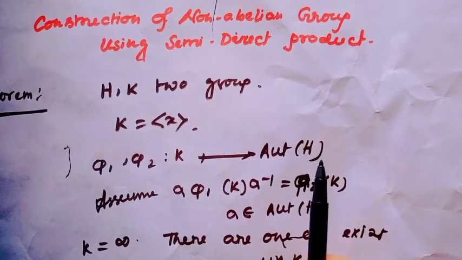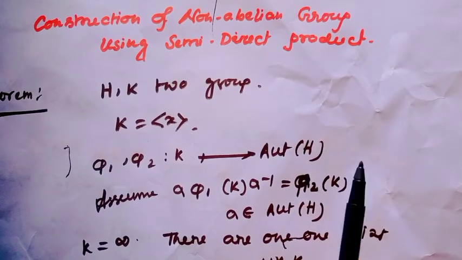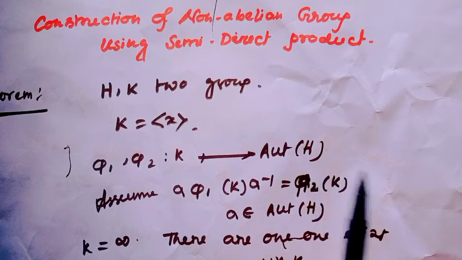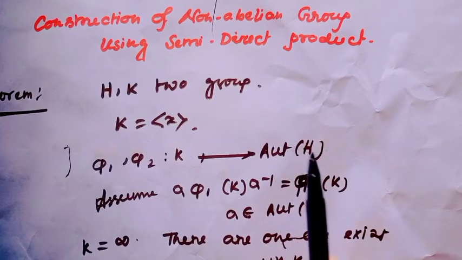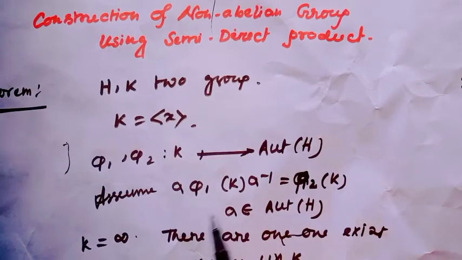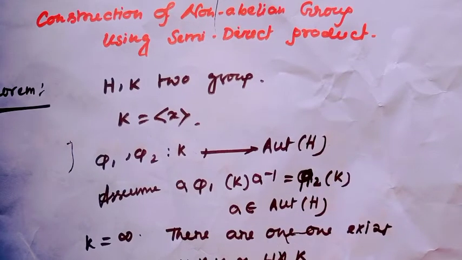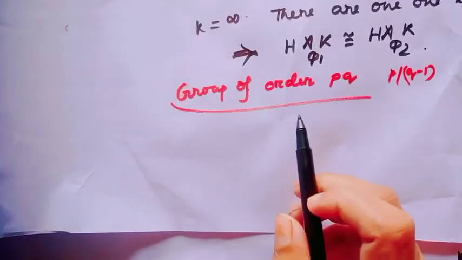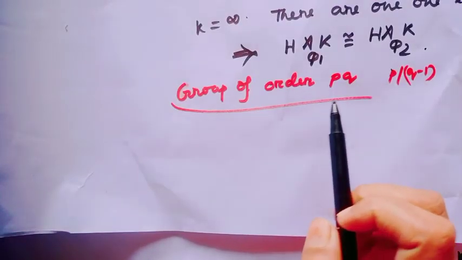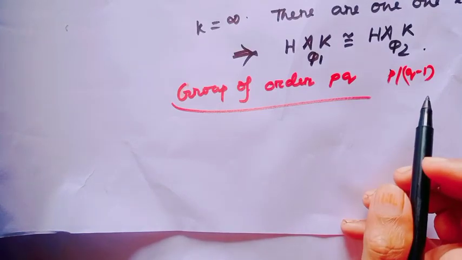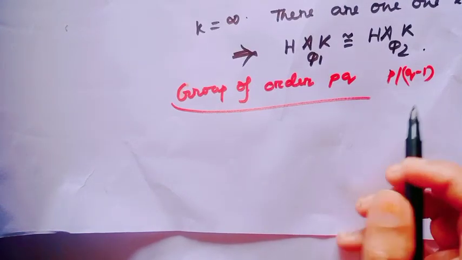A different choice of automorphism will lead to a different non-isomorphic group. And if you can understand this structure, then you will be able to construct any group of any order. As an example, consider a group of order pq where p divides q minus 1.